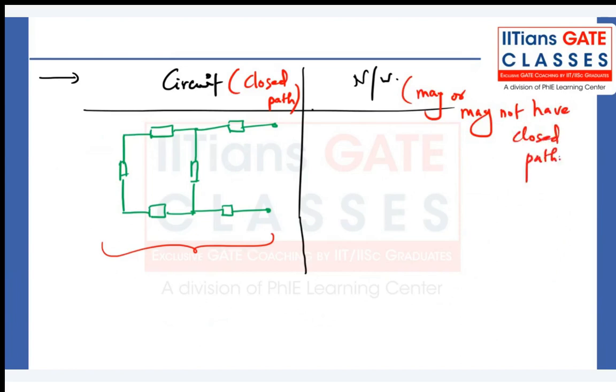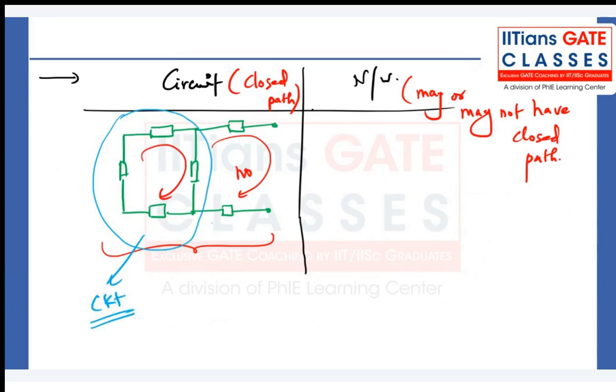If I talk about this interconnection, we have connected all the elements here, so there is a closed path. But here there is no closed path. So the entire connection we have seen forms a circuit, but this part is the network.